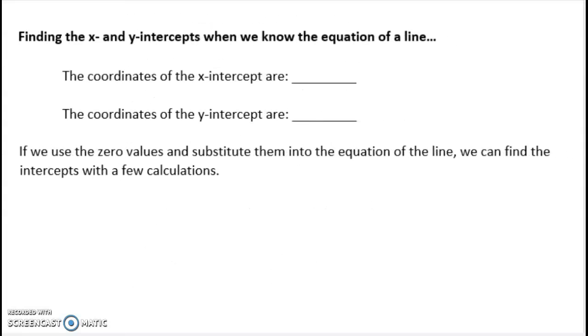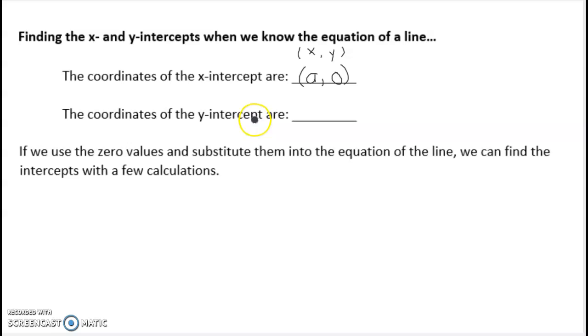Question 6 says, find the y and x intercepts when we know the equation of a line. So for the coordinates of the x-intercept, we talked earlier, A is a number and B has got to be 0, because remember it's x, and then y.